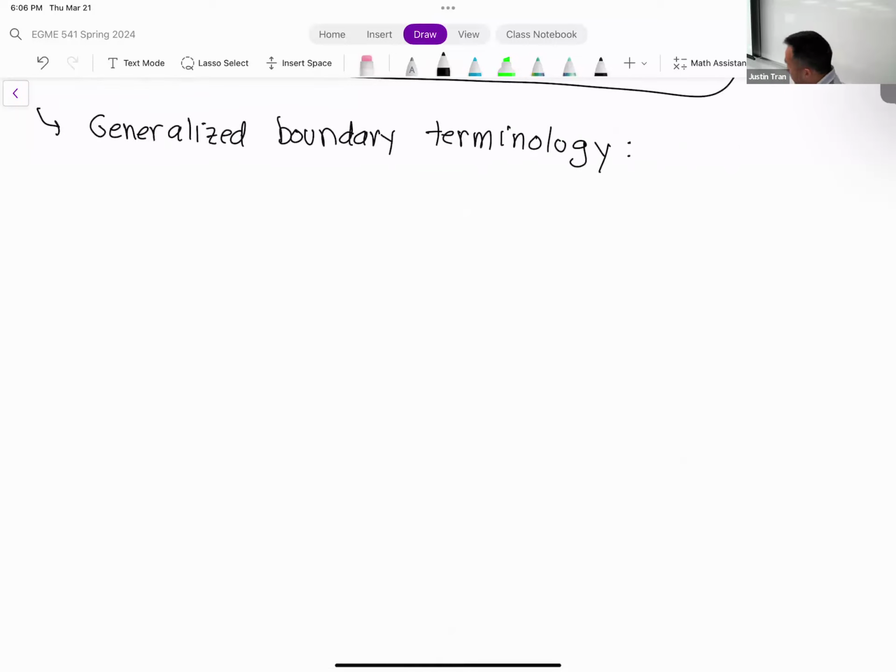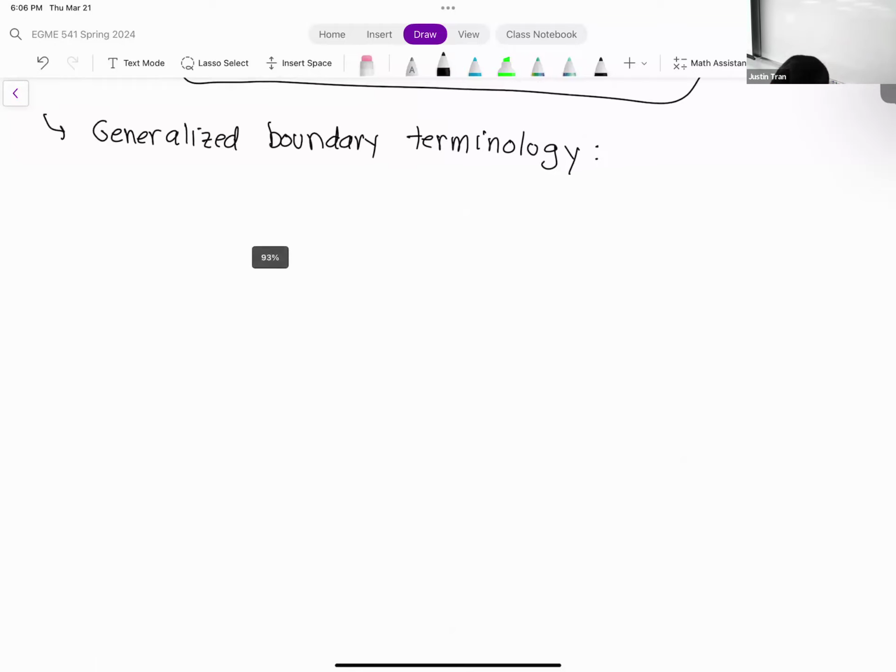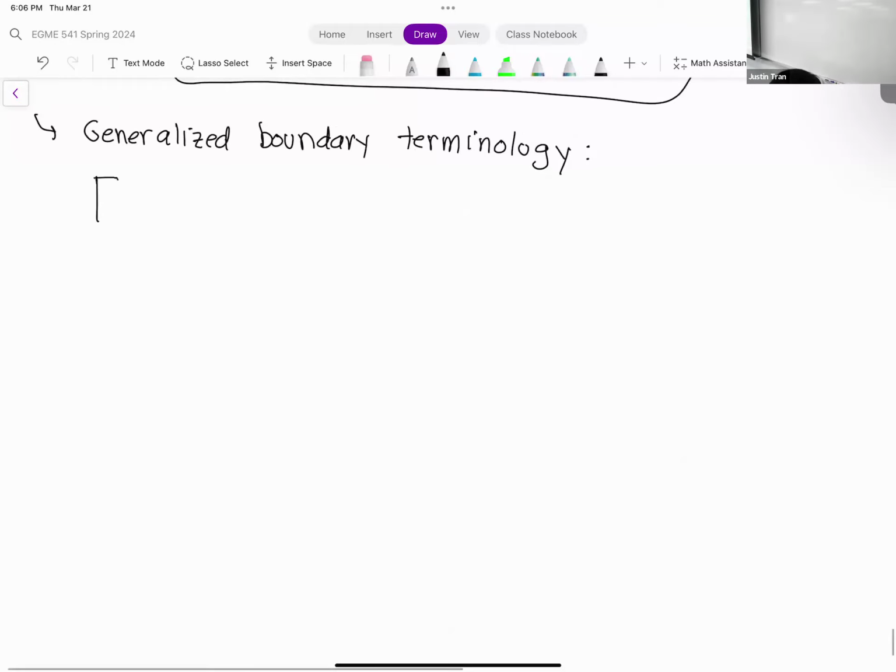So generally speaking, when you're talking about mathematical descriptions of domains, when you have this gamma symbol here, the gamma symbol refers to the boundary of a particular domain.